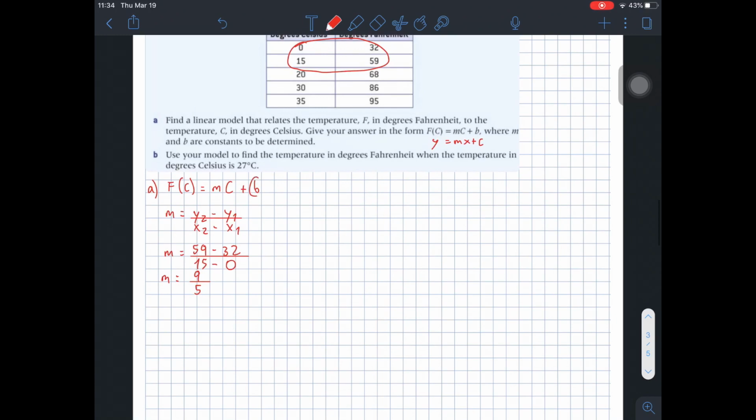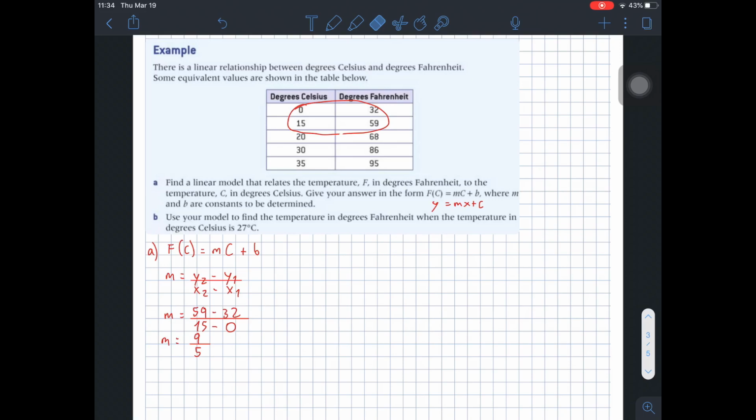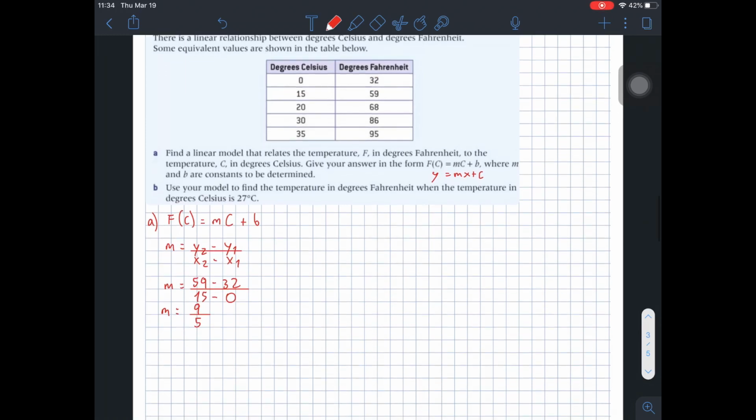And then we need to calculate the y-intercept. To calculate the y-intercept, we can pick any point from the table. I always suggest picking the easiest one. So we could say that f of 0 is 32 equals m, which is 9 over 5 times 0 plus b.